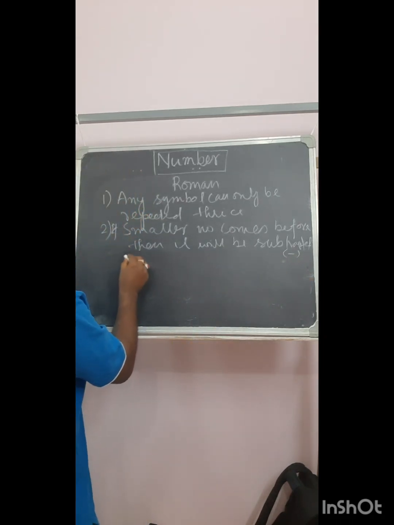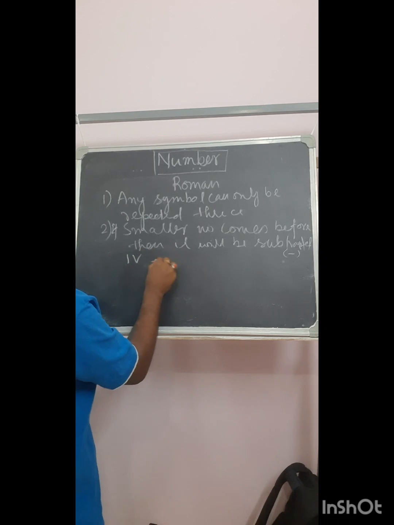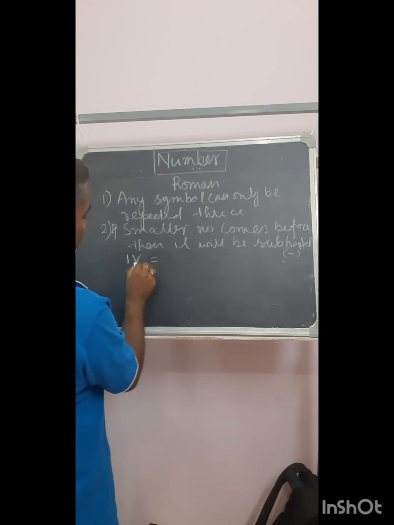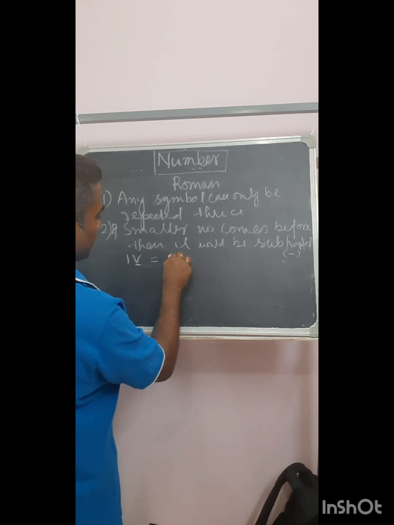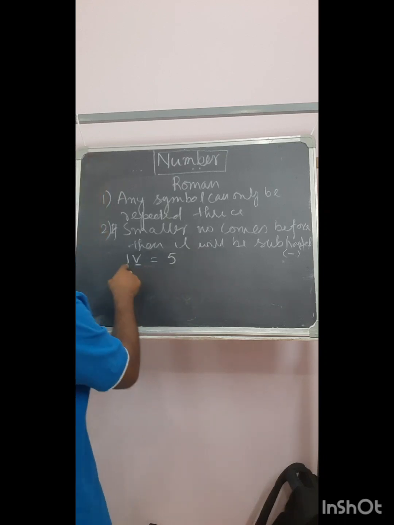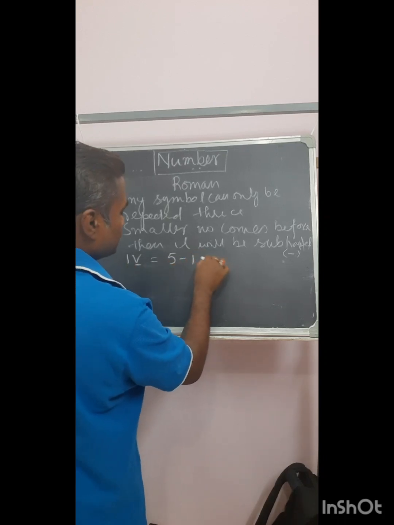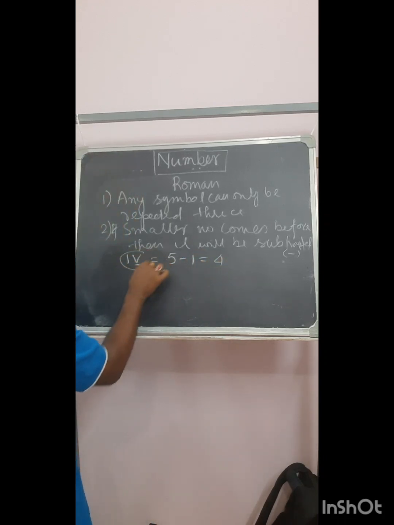If I say IV, this symbol says it is 5 and this symbol is 1, that means 5 minus 1, so it will represent 4.